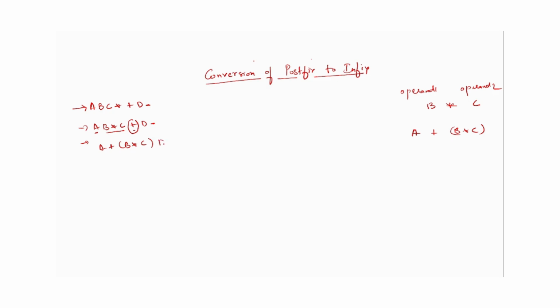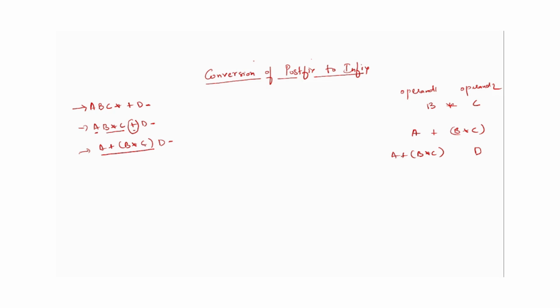So A plus B star C, D minus. Again I will scan from left to right. Here A plus B star C will become my operand 1 and D would be my operand 2, because I scan from left to right.